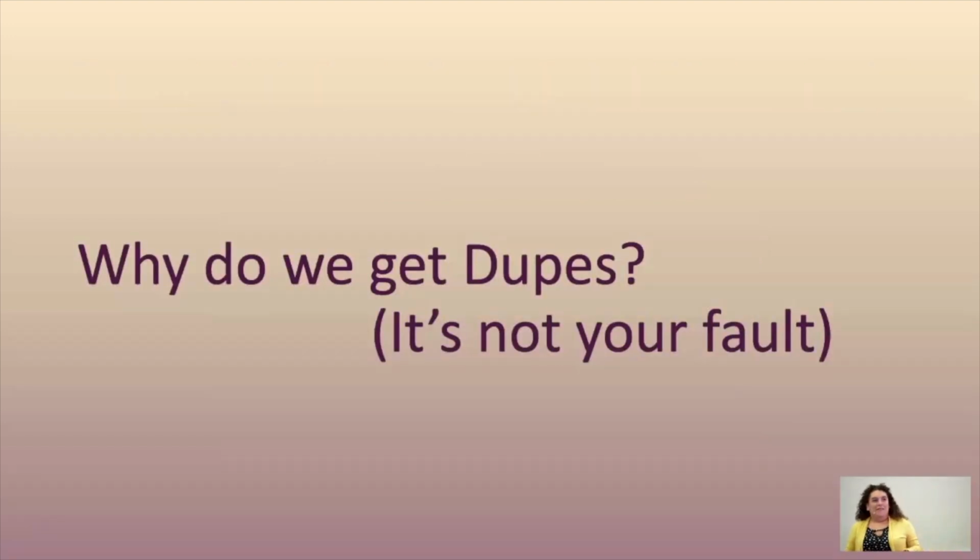All right, so there are a couple ways that we can get duplicates in our data. I'm sure everyone has dealt with one of these situations before. In this case, as the data person, it is not necessarily your fault.